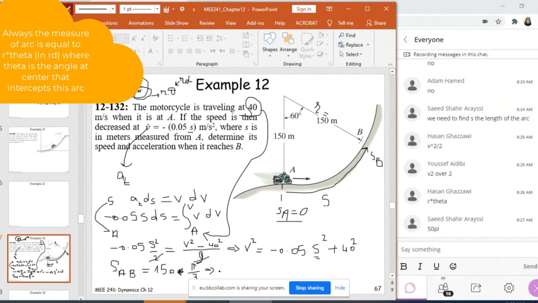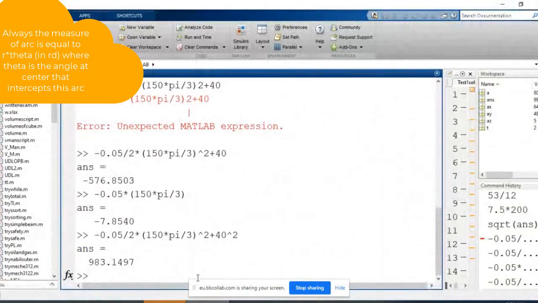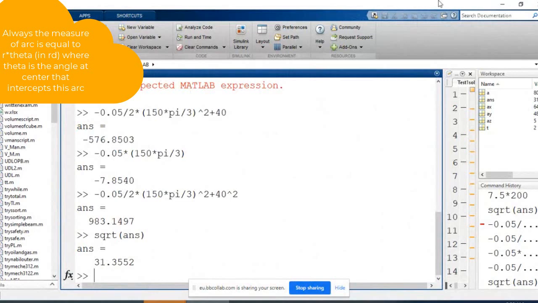And then this means that V squared will be equal to 983. Right? Now what about VB? So this is V squared. Let's do the square root of this value, which is equal to 31.